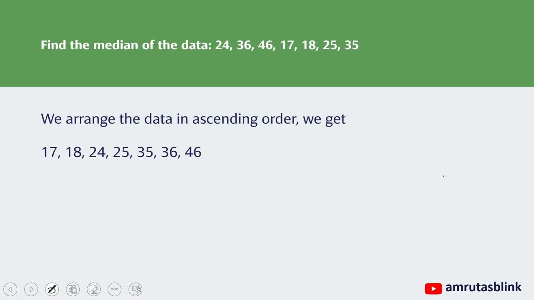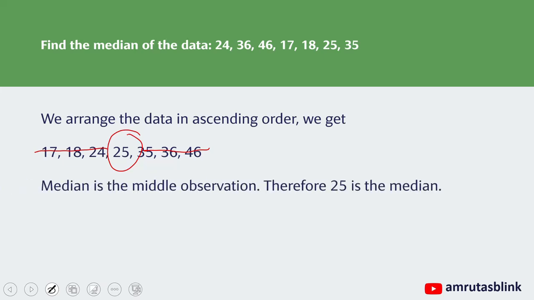So now there are 7 values. To find the middle value, we'll scratch these 3 and these 3, and the middlemost value will be 25. Hence 25 is the median of the data.